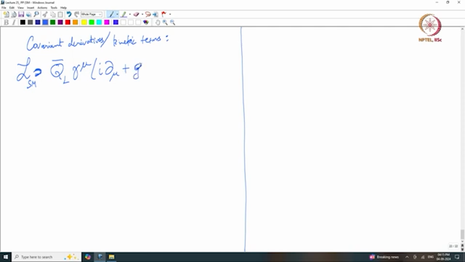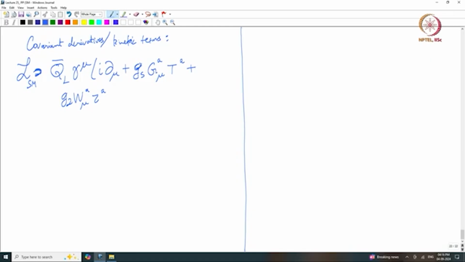It participates in the strong force, so I have the strong coupling and it hits all the 8 gluons, right? What else? I have the weak coupling and that hits all the 3 W bosons.